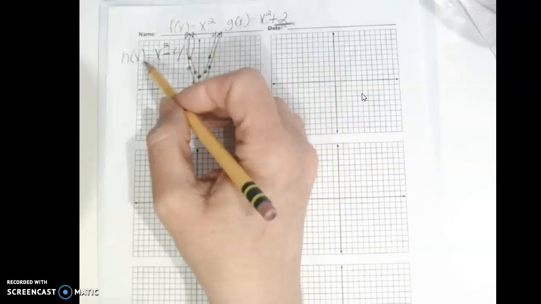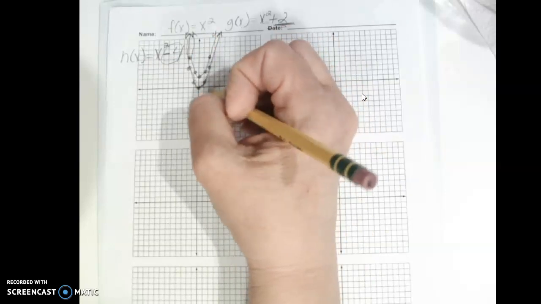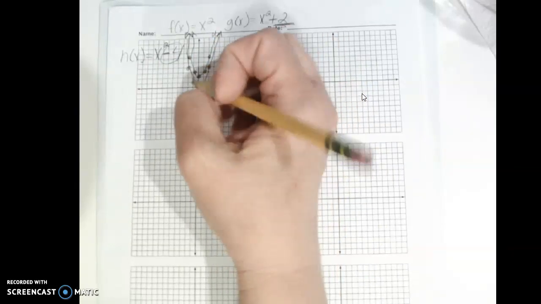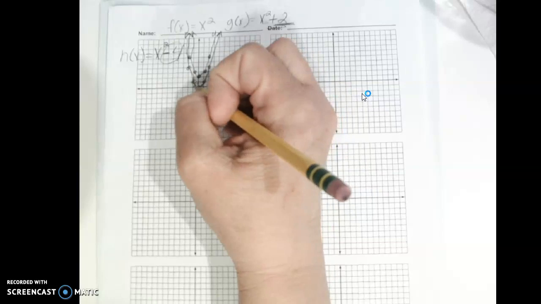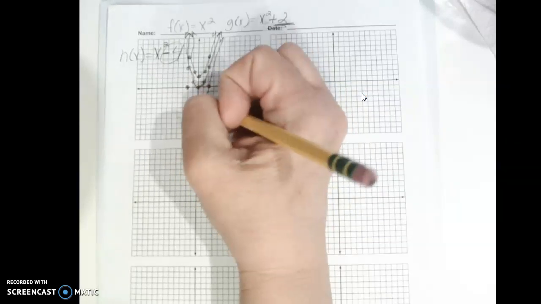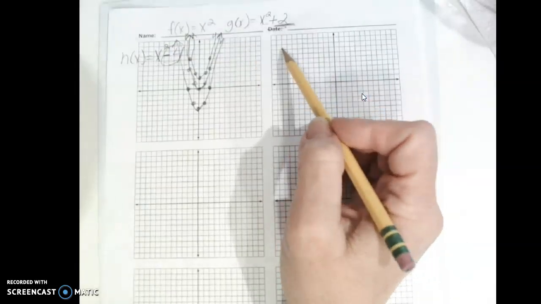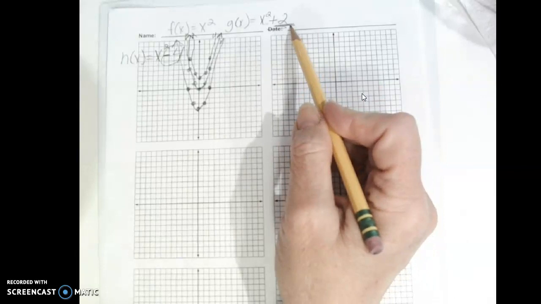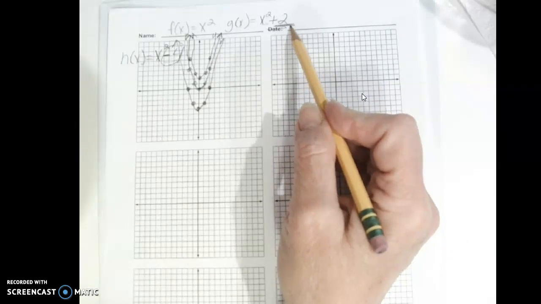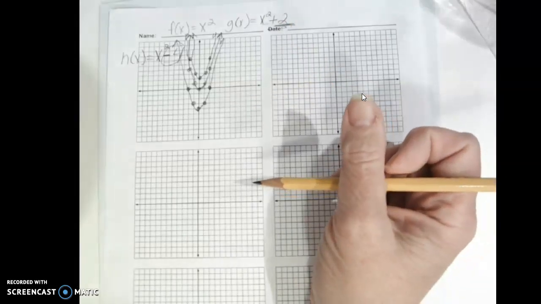So it goes down 4. Every point goes down 4. So this would be at the point 0, negative 4, and these would be 2, 0 and negative 2, 0. And this is what the graph would look like. Just like when we did other graphs, when we are adding something at the end, if it is positive, it is going up that amount, and if it is negative, it is going back down that amount.